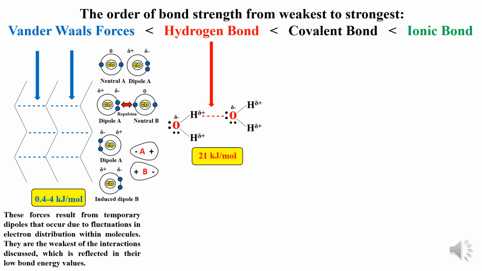Now 21 kilojoules per mole of energy is required to break the hydrogen bond between the water molecules. A hydrogen bond is a dipole-dipole interaction or dipole-dipole attraction or intermolecular force or electrostatic attraction between a positively charged hydrogen atom that is covalently bonded to an electronegative atom in one molecule, that interacts with an electronegative atom with a lone pair of electrons of another molecule.